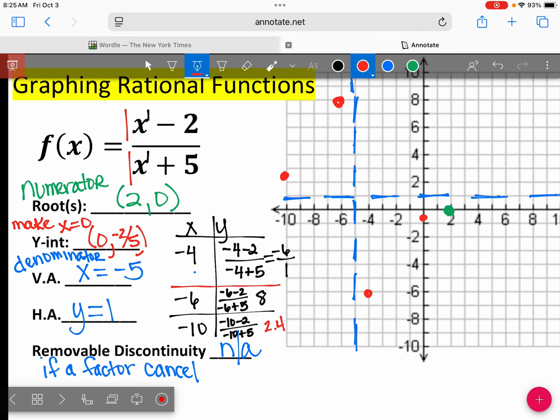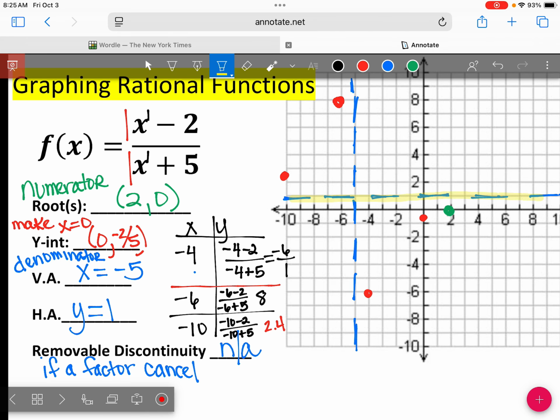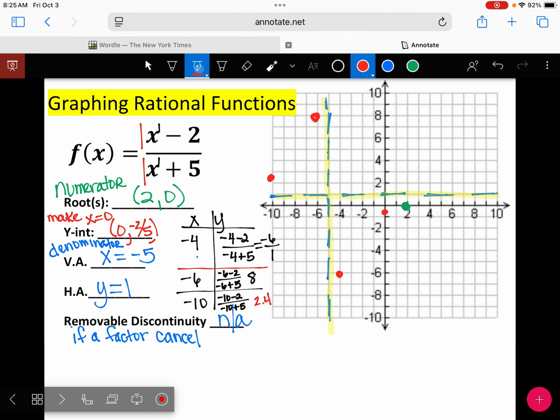So from here, you're just going to sketch your graph, keeping in mind that these are asymptotes. So when you graph it, it should not cross either one of these lines. That's how we create what we call an infinite discontinuity. So you're going to draw a graph. It's going to come down, hit that point, hit that second point, and then all it can do is go straight.